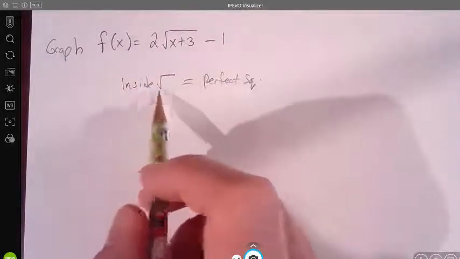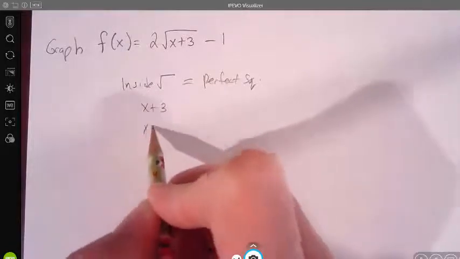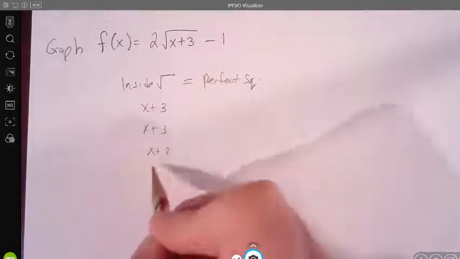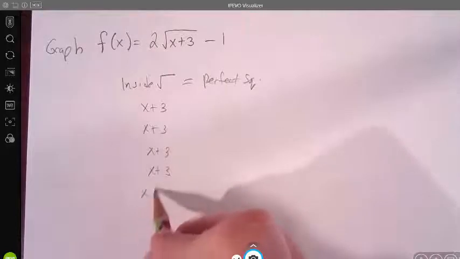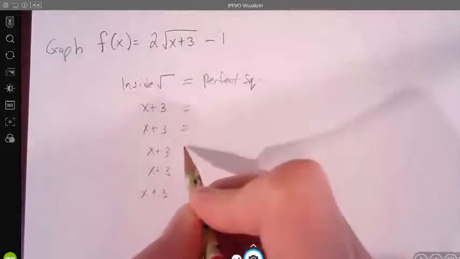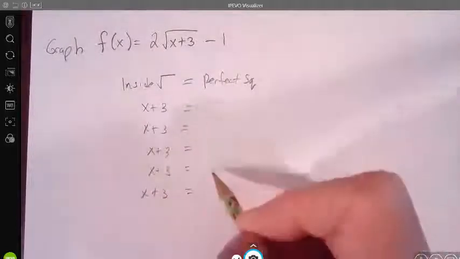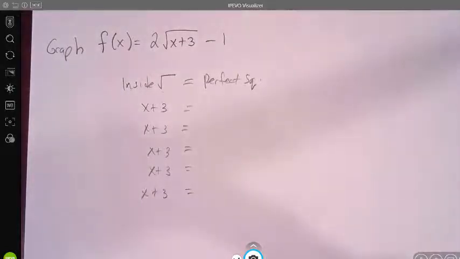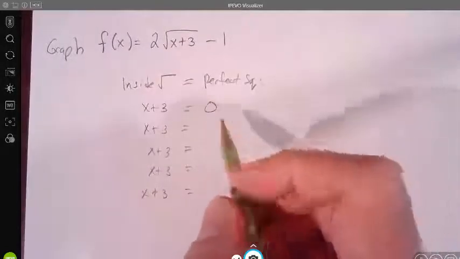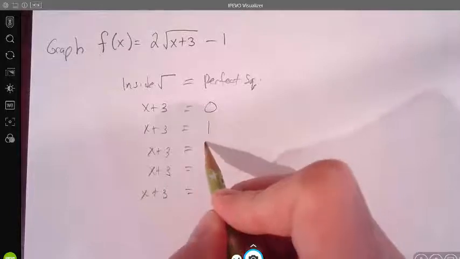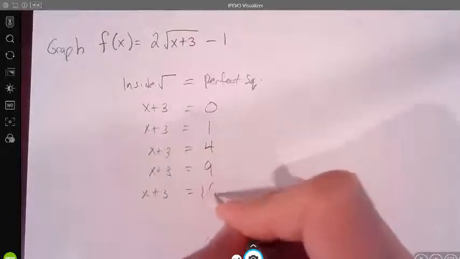Inside the square root, every time we have x plus 3. So I'm going to generate some x values by setting whatever's inside the square root equal to perfect squares. And once again, the perfect squares, the least is 0. That's 0 squared, 1 squared, 2 squared, 3 squared, 4 squared.